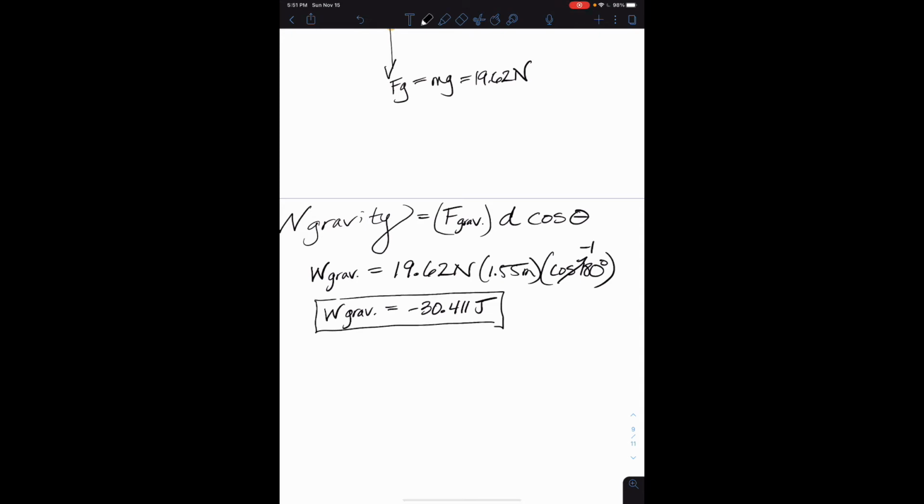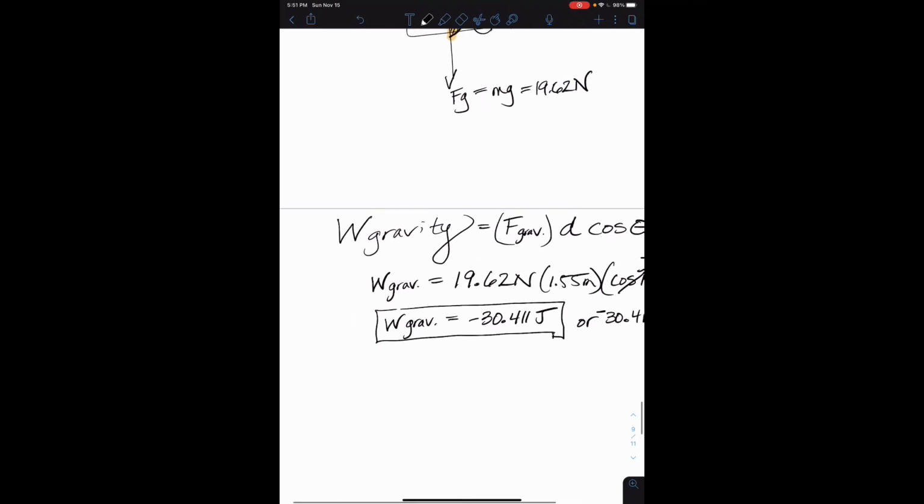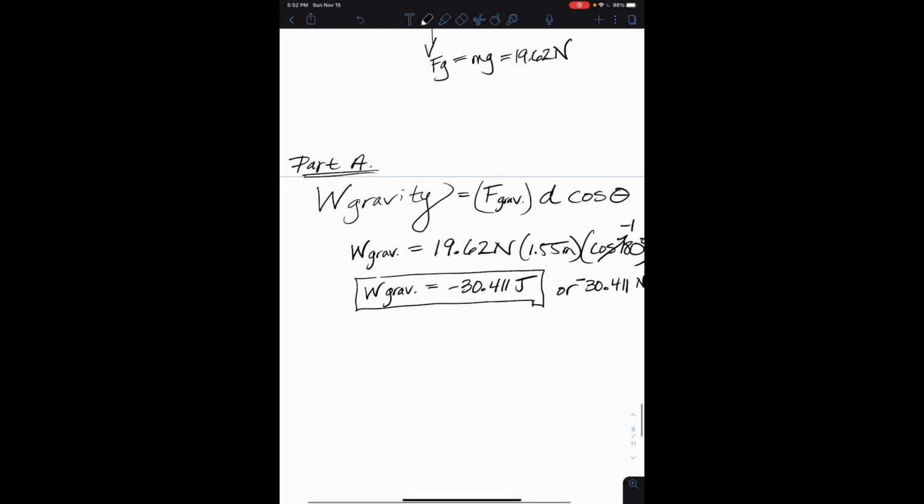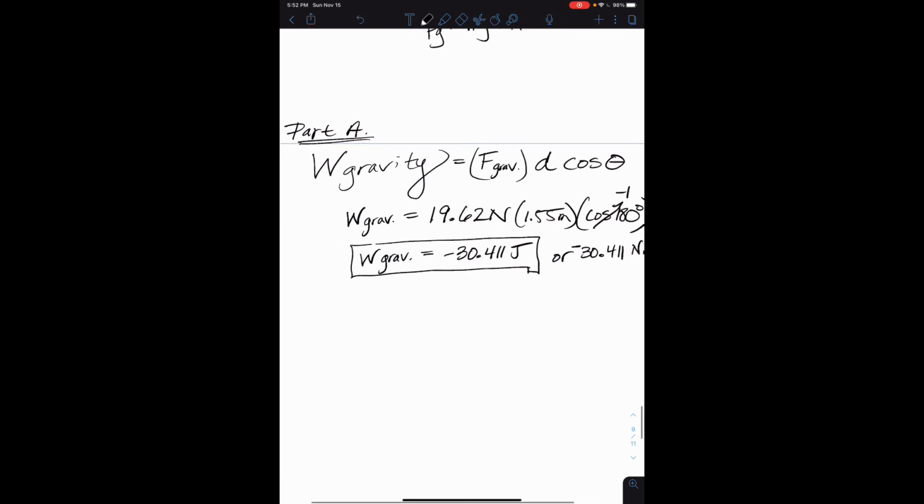Now you could have said newton meters too. -1, of course. All right. Next question. That was part A of question 1. Part B, how much work does your hand do on the book?